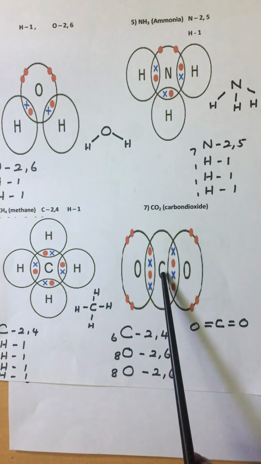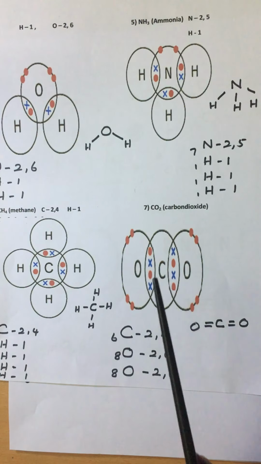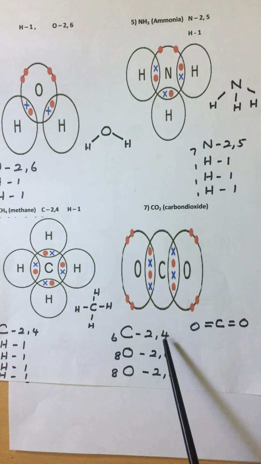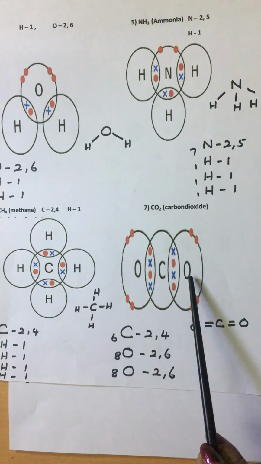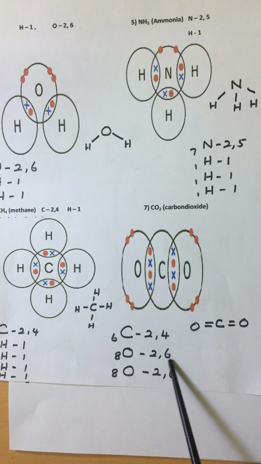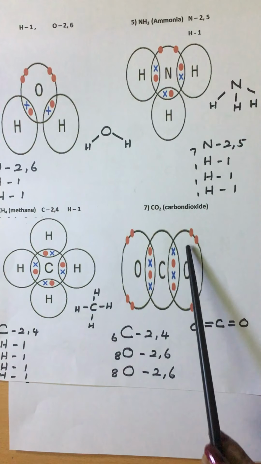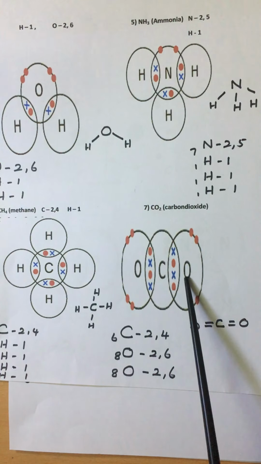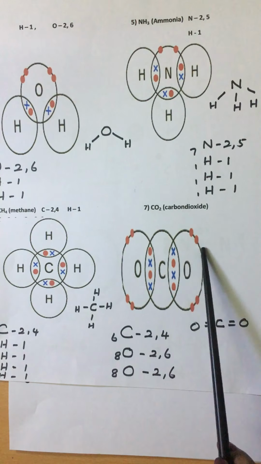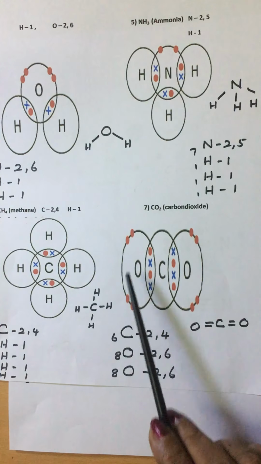So here the carbon is the middle atom, with 2 oxygens on both sides. So the carbon, out of 4 electrons, 2 with this oxygen, 2 with this oxygen. Here see, 2, 2. Oxygen out of 6 needs 2. So the 2 will make bond, the other 4 outside. So when you write, the sharing electrons are always equal between 2 atoms. When the carbon gives 2 electrons, oxygen also gives 2 electrons. So the other 4 are outside, because oxygen needs only 2.